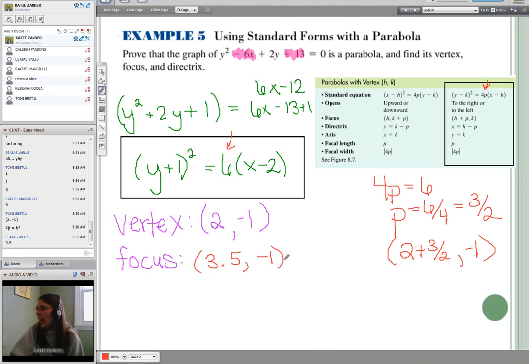Notice that the k value from the vertex didn't change because that's where your focus and the axis of symmetry are lying. The directrix is going to be where? What is our formula for the directrix?